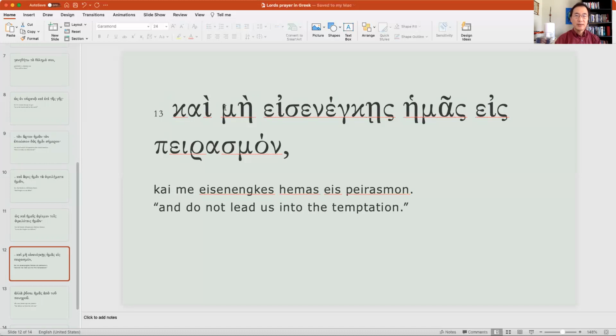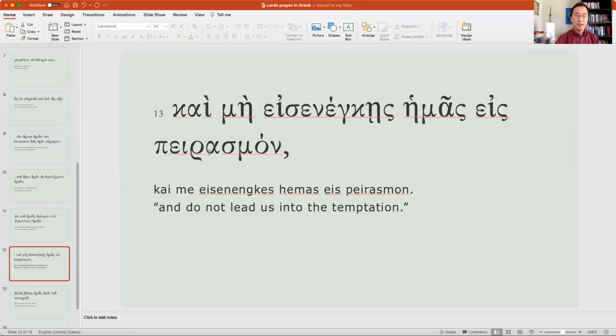Kai and me, do not, eisenenkēs. This is the imperative form of what? Lead. So me eisenenkēs, do not lead hēmas, us. Eis peirasmon. Eis is a preposition, into.